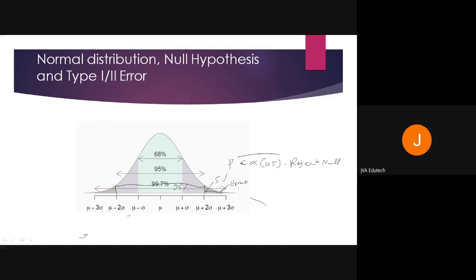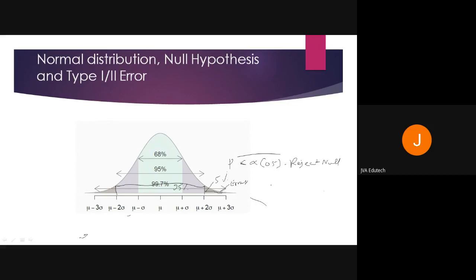I'll take an example of how we do the errors. While we do this hypothesis test, we also make some errors known as type 1 and type 2 error.